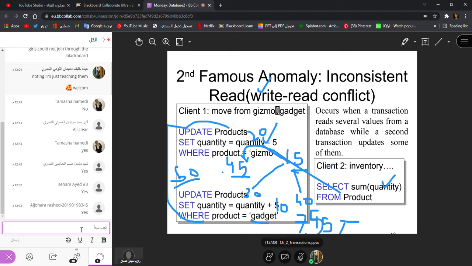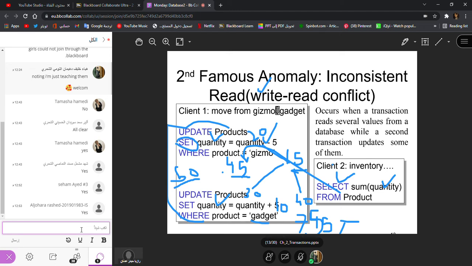Look, quantity, this quantity. This keyword SET shows you are writing on the database, and this SELECT shows you are reading from the database. Remember that.